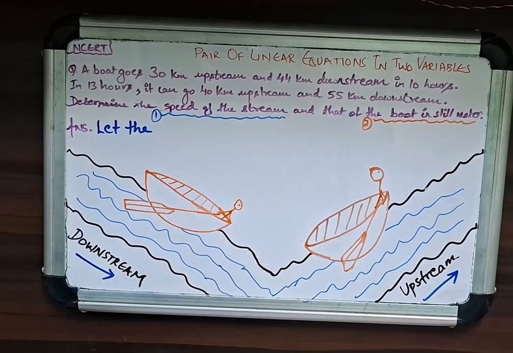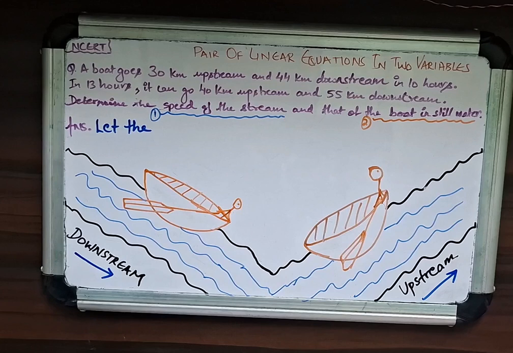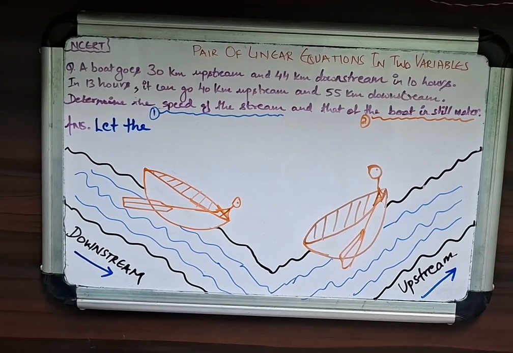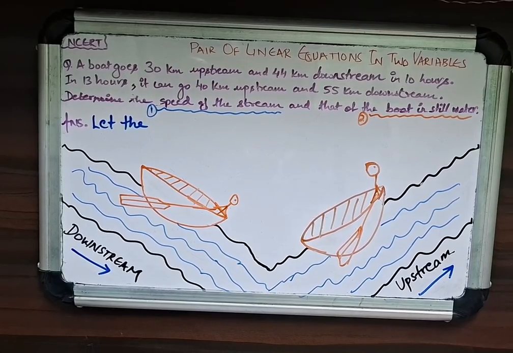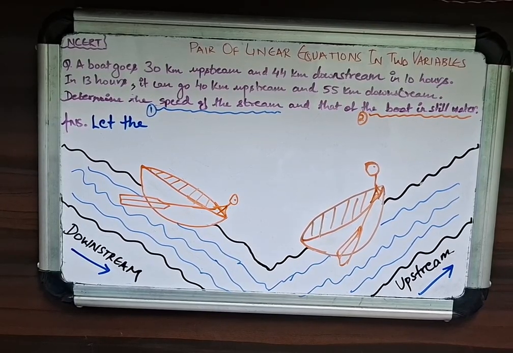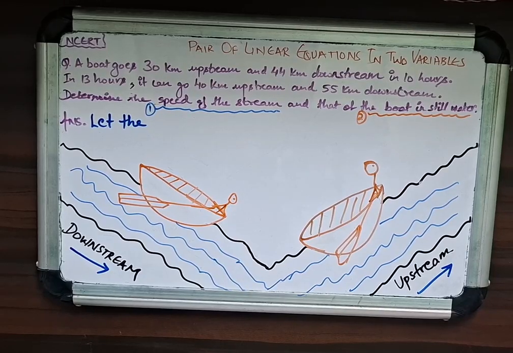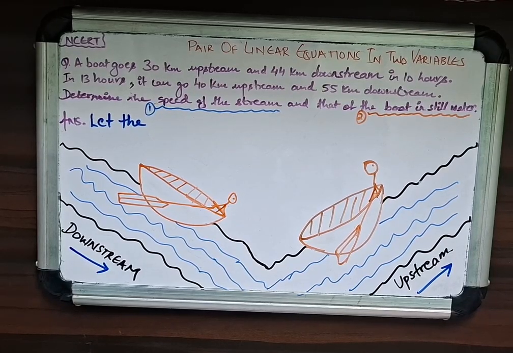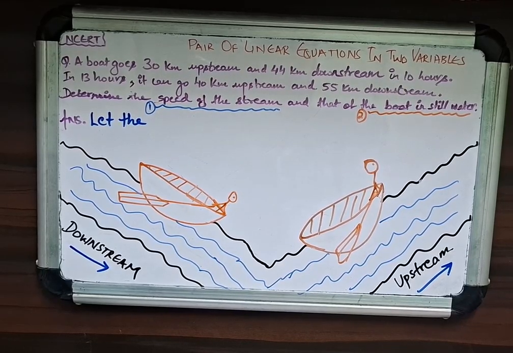These two unknowns can be represented by two different variables. In mathematics, for denoting unknown quantities or unknown parameters, we use variables. In this particular question, we have two unknown parameters.